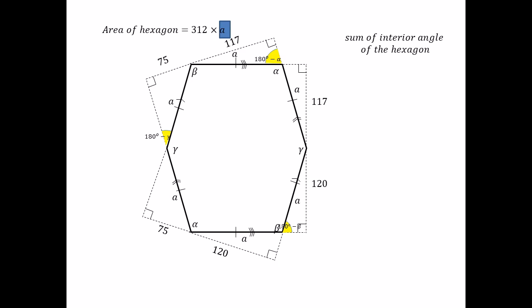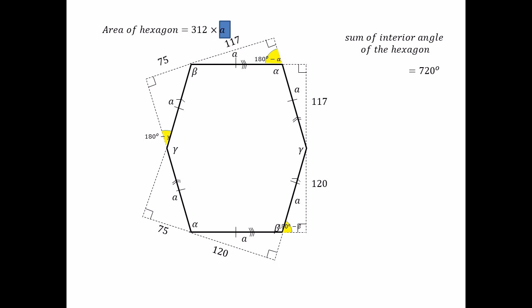The sum of interior angles of the hexagon. Now we know the sum of interior angles of the hexagon is 720 degrees. Why?